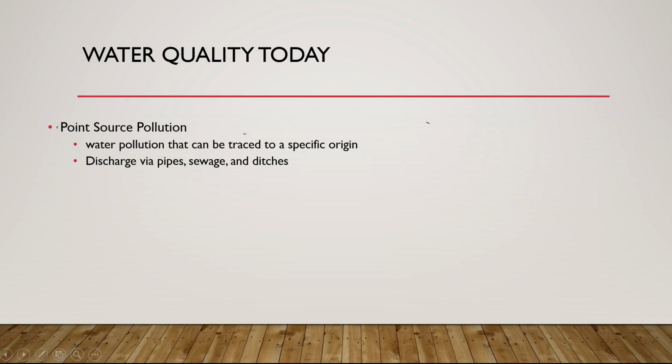Okay, so a pipe, sewage, or a particular ditch or something like that would be our point source for that pollution. Non-point source pollution, which is most of the water pollution that we're dealing with, comes from a large area. So trace amounts from a large area that maybe drain into a specific region.